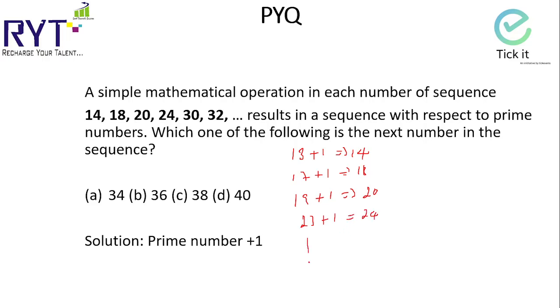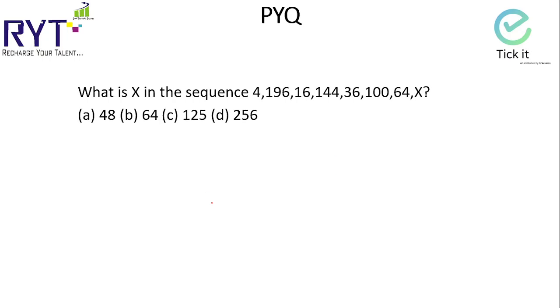Like that, if you go, prime number is 37 plus 1 gives us 38. So option C, 38 is the right answer. Here they have told that there is some operation happening related to prime number. So prime number is plus 1, that is what is happening. That is also from UPSC question.